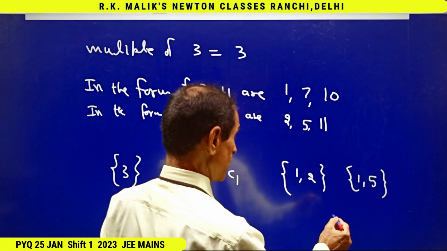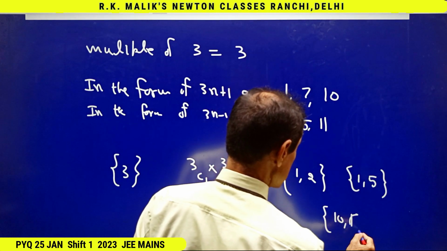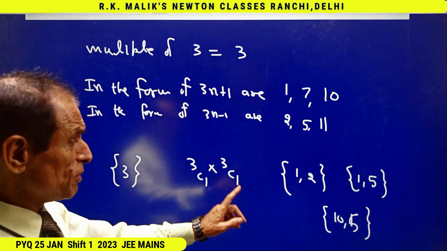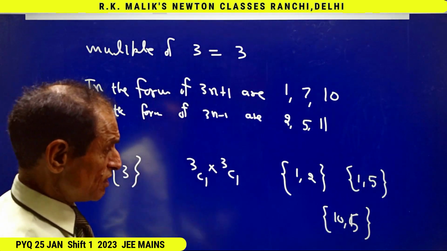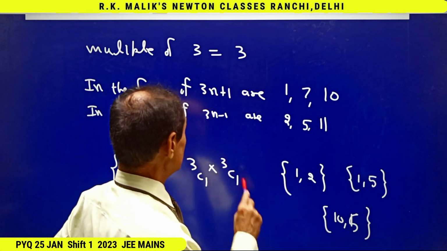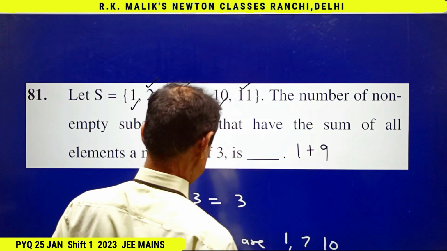In this way, 9 are there. For example, 10 5 and so on. There will be 9 subsets having 2 elements and sum of the elements should be multiple of 3. So far I have got 1 plus 9.